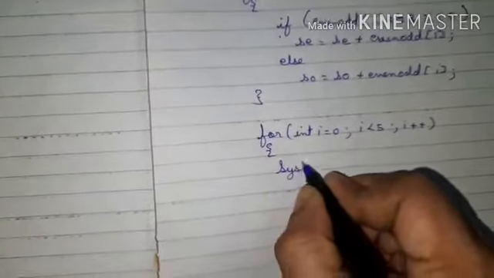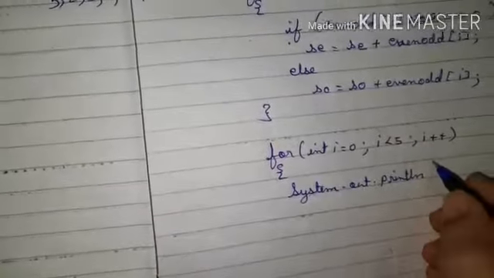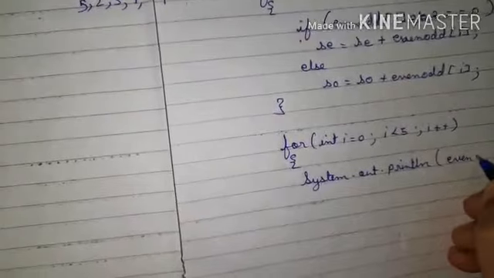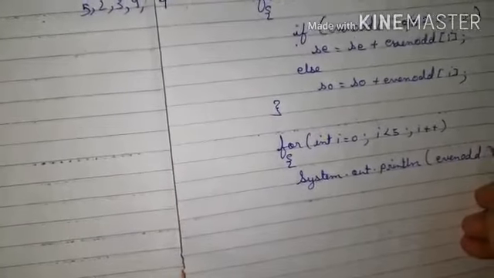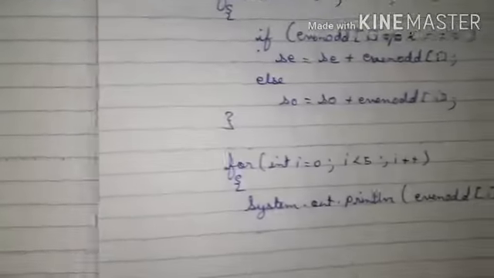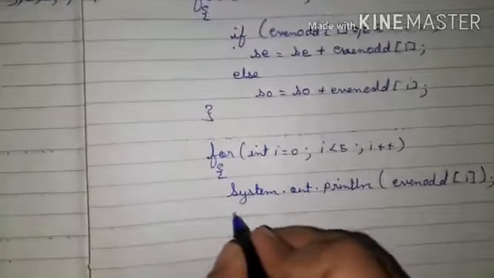Inside it, System.out.println, and our variable is the array, and we'll write I. So my array is displayed.